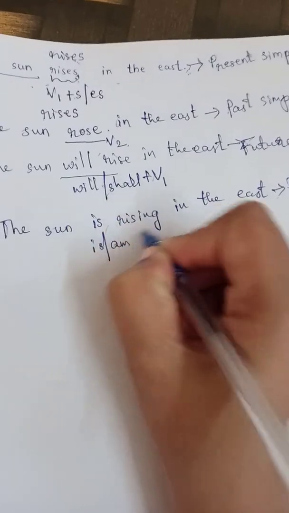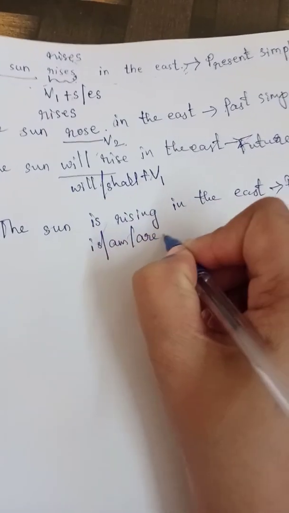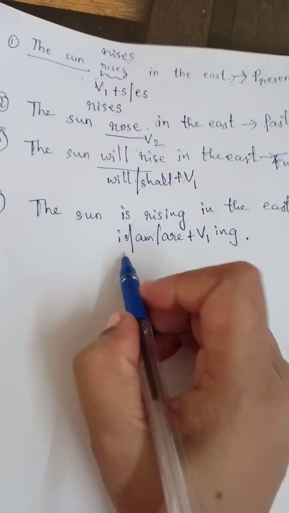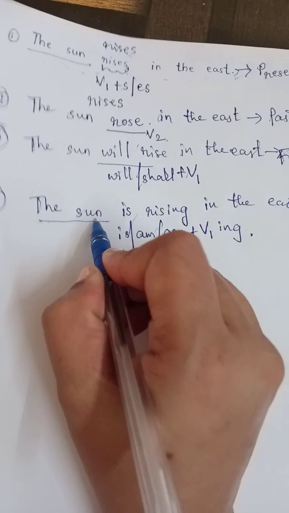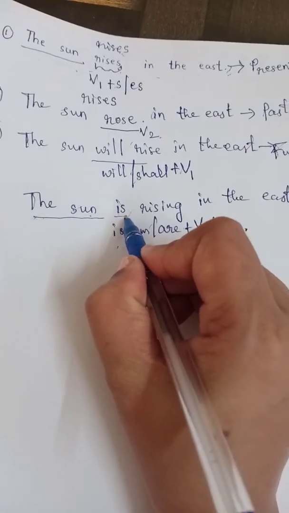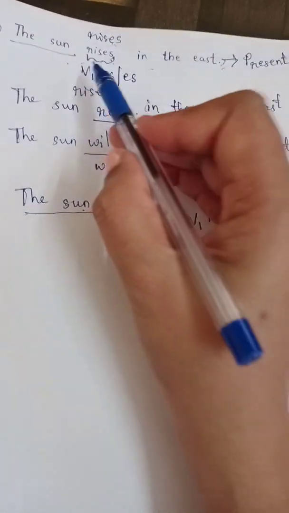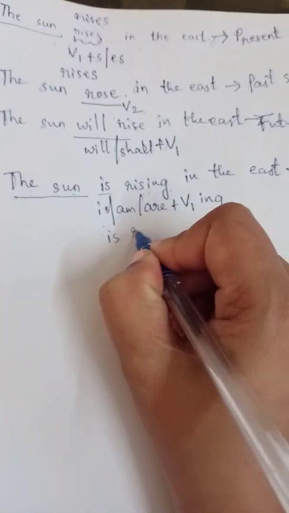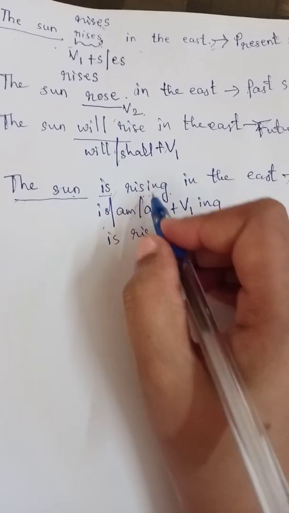Is, am or are plus V1 ing. The subject here, the sun, is singular, so is is used, and for the V1 rise, ing is added.